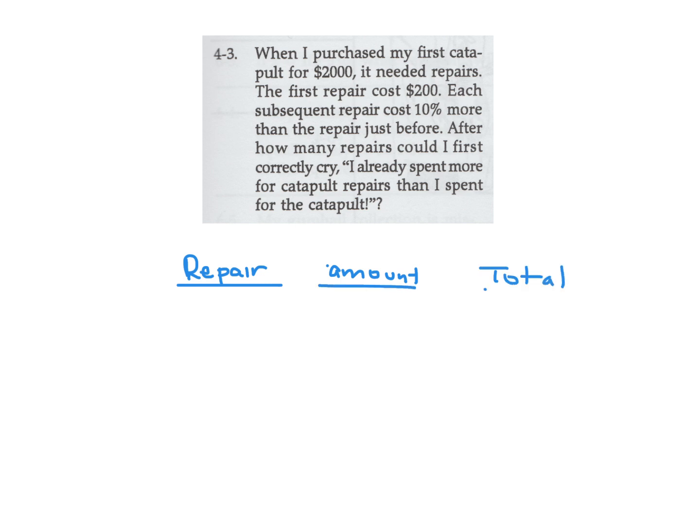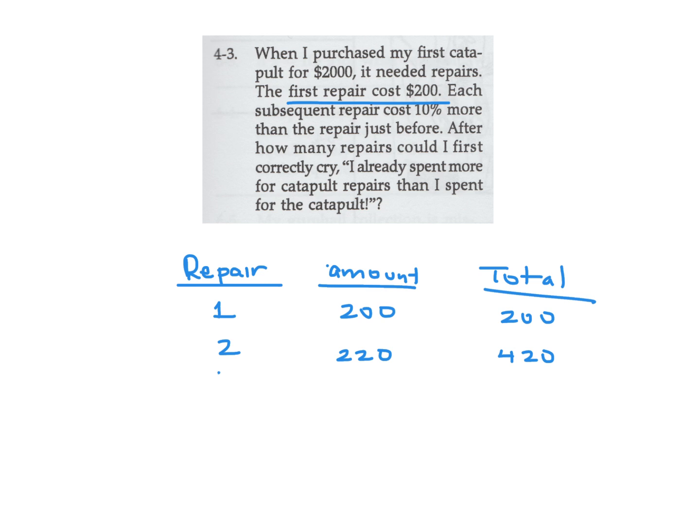So I'll explain. We start off with the first repair, and they even tell you it's $200. So far you spent $200 on repairs. And then the second repair is 10% more than the previous one, so that's $220 this time. So now the cumulative total would be $220 plus $200, which is $420.